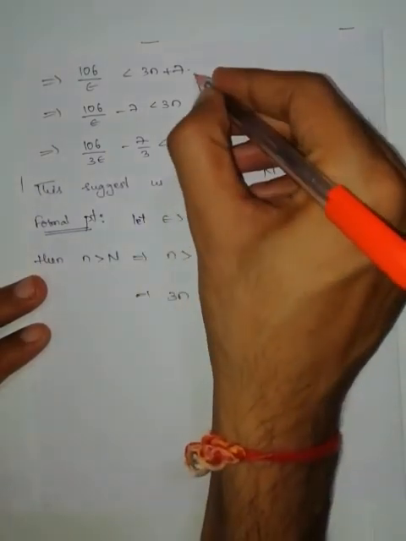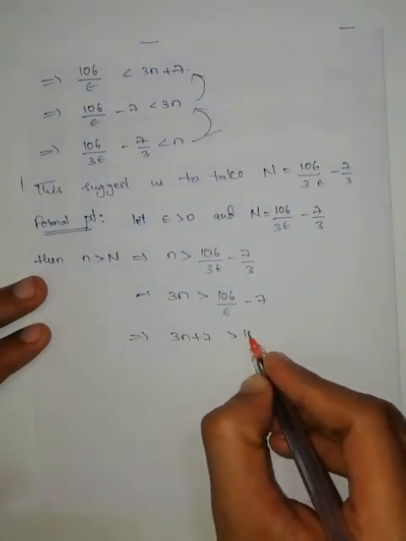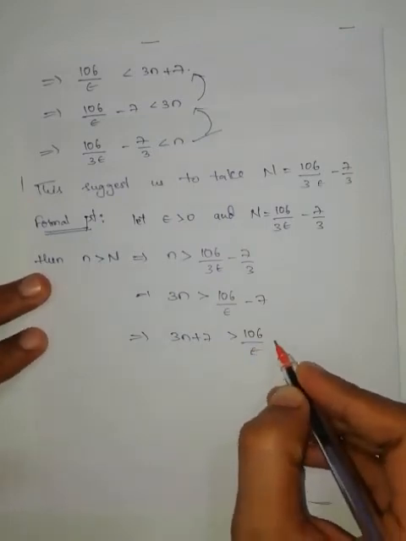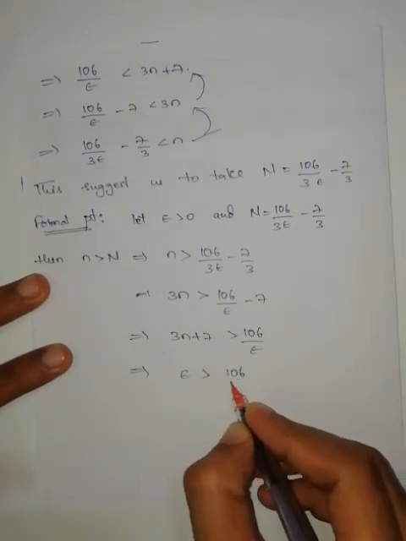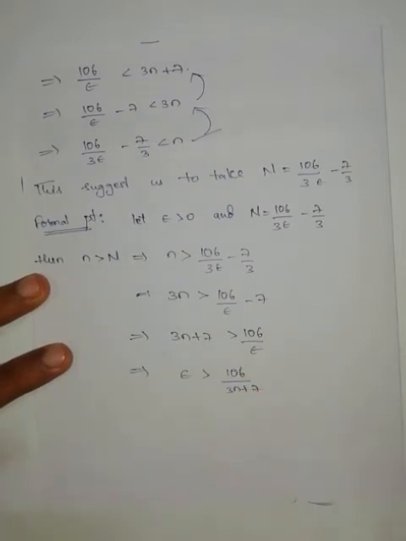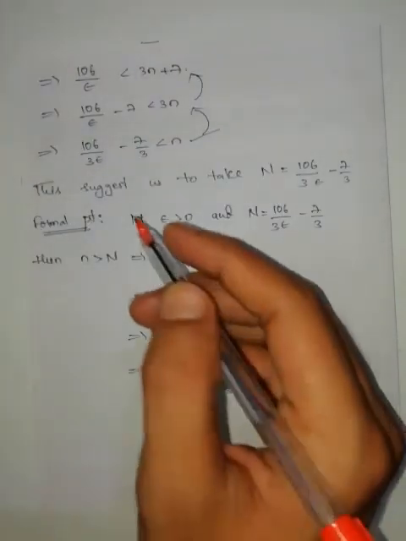Now this step: 3n plus 7 is greater than 106 by epsilon. This one I can write as epsilon is greater than 106 by (3n plus 7). Now here it is 3 also.